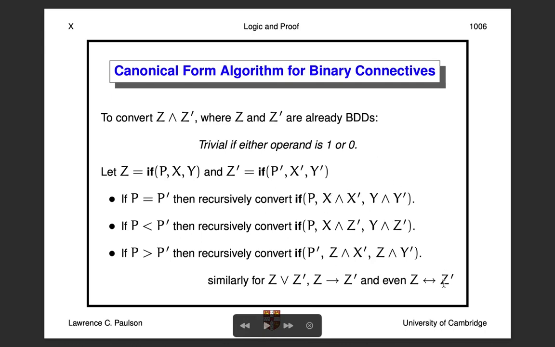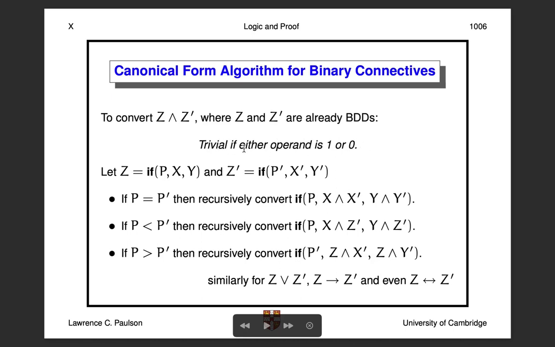If we were doing if and only if up here, if this were the BDD for if and only if, so let me remind you again, we can do the BDD for if and only if and exclusive OR without converting them into some other connectives. We would do the exact same thing, if and only if here, if and only if in all these recursive calls, and the only difference is how we handle the base case.